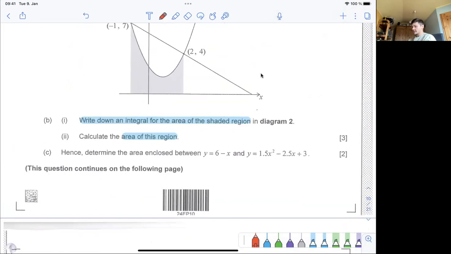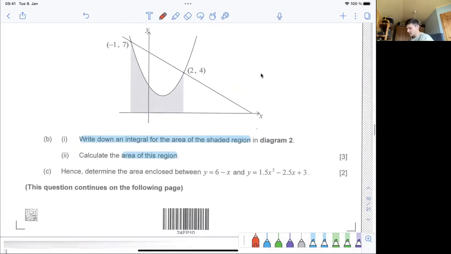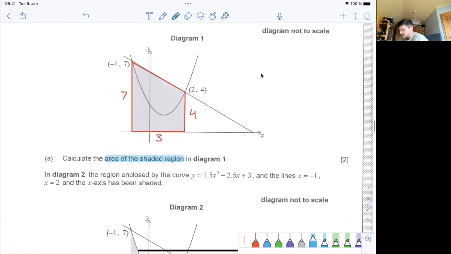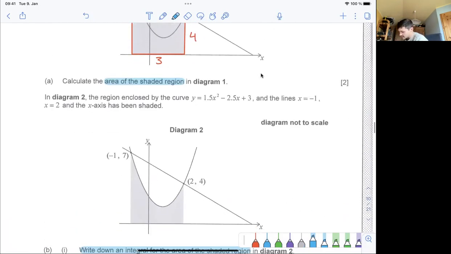Hence, determine the area enclosed between y equals 6 minus x and y equals 1.5x squared minus 2.5x plus 3. So the area enclosed between this graph and this graph. The way we can think about this is we're trying to find this area here.